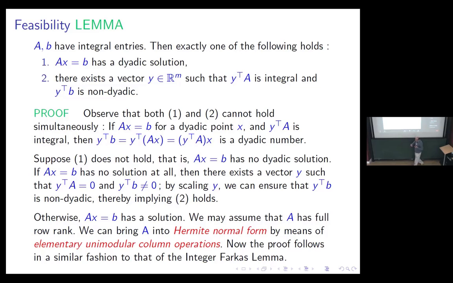So A can be written as H times some unimodular matrix U, and then you look at the solutions of X and the solutions of H times Z equals B, and there is a one-to-one correspondence between them. You can go back and forth between X and Z through this unimodular matrix, because the inverse of a unimodular matrix is also unimodular, and so that's basically how you do the proof.